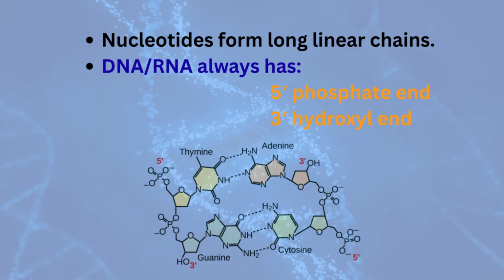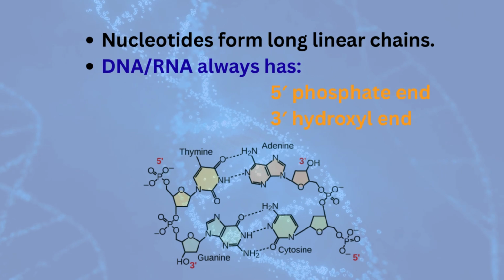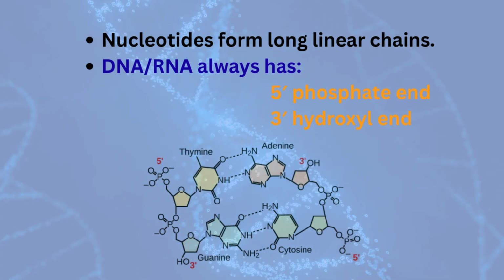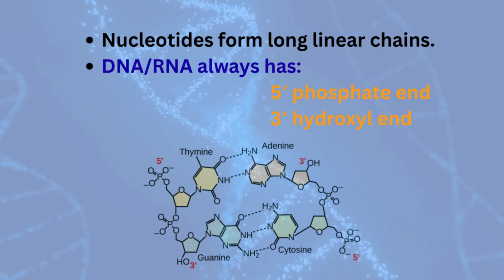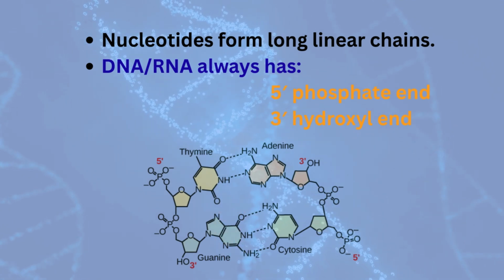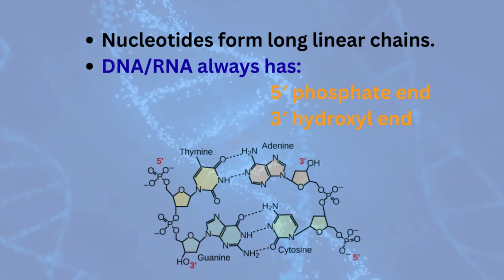An important thing to remember is every DNA or RNA strand always has a free phosphate group at the 5' end and a free hydroxyl group at the 3' end. This polarity, or direction, is what allows DNA or RNA to build linear chains that carry genetic information.